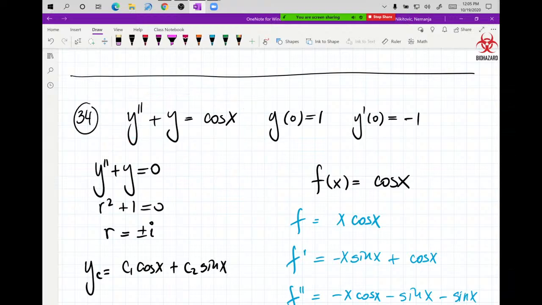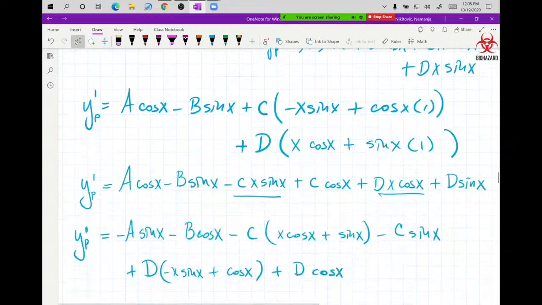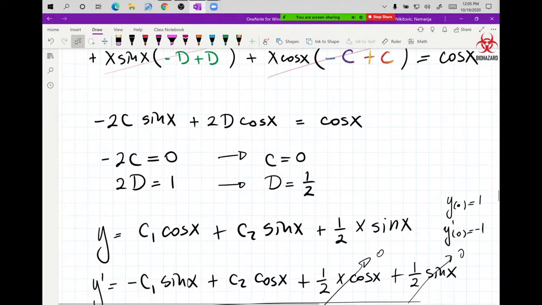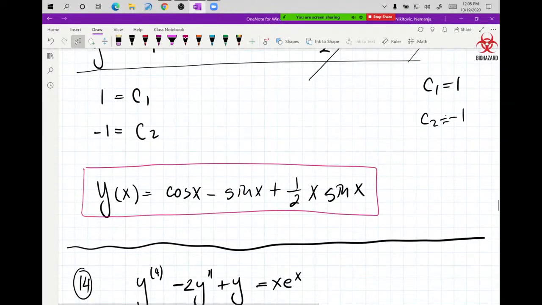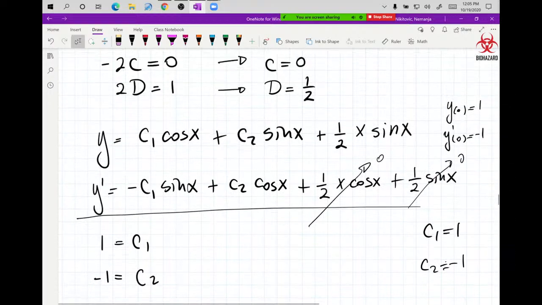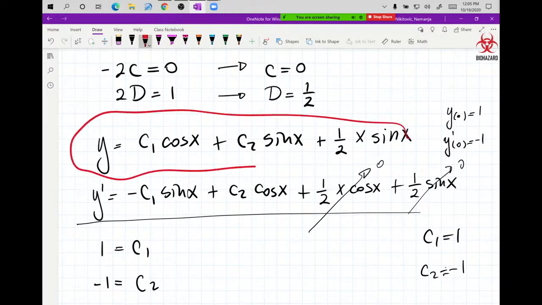That will be an amazing exercise for you to do at home if you really want to study and learn this stuff. And go ahead, get the same answer we have at the end. After everything, you should be here. And then go ahead and compute your C1 and C2.